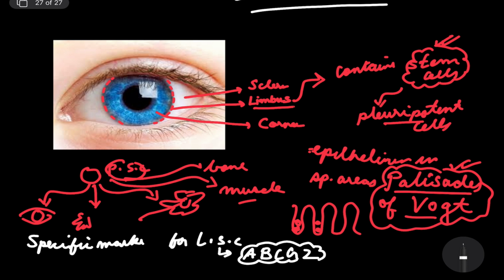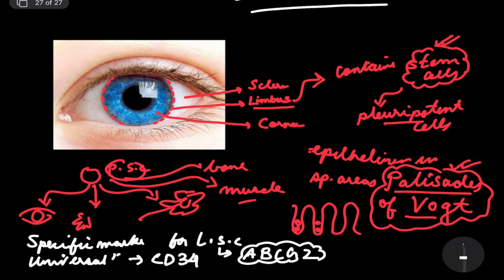This is the limbal stem cell specific marker. However, the universal marker for all stem cells is CD34.